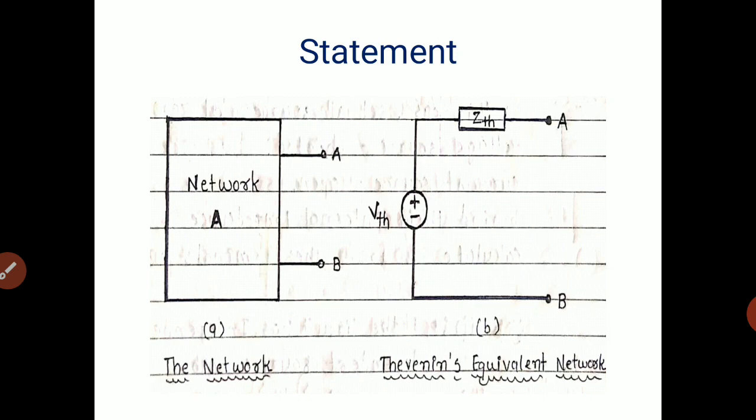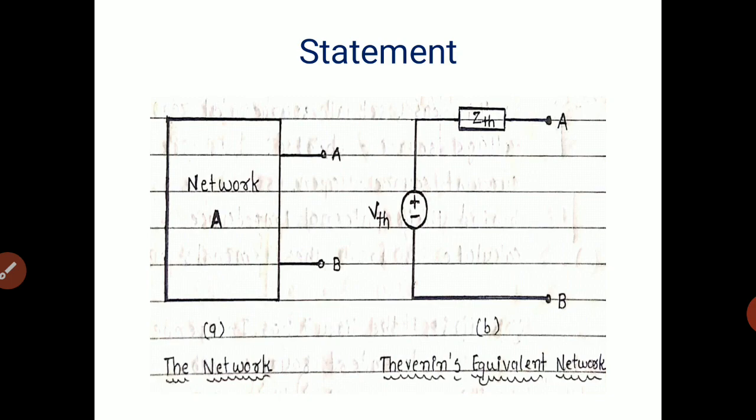So here the network A is replaced by the open circuit terminals AB. Between AB the load is connected, and the load will be removed, and we calculate the open circuit voltage VTH. Then from that terminal we calculate the Thevenin equivalent impedance ZTH by suppressing all the independent sources to zero value.